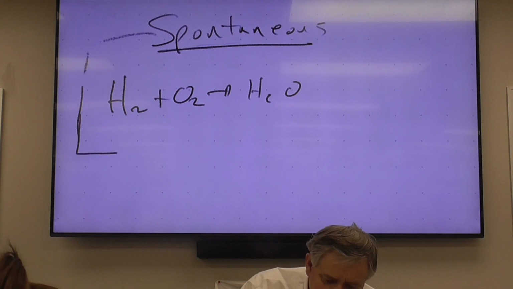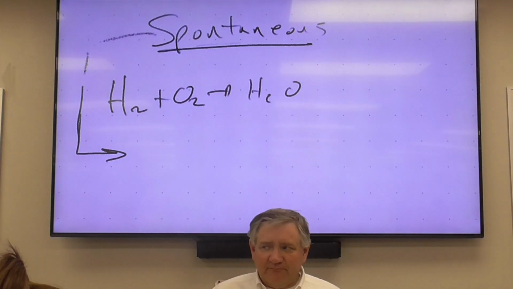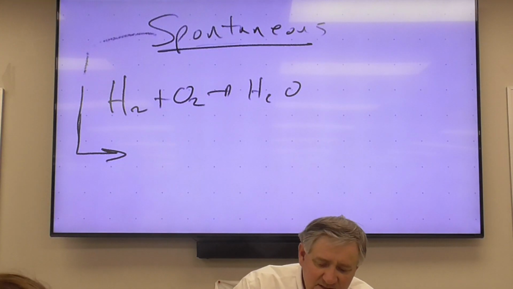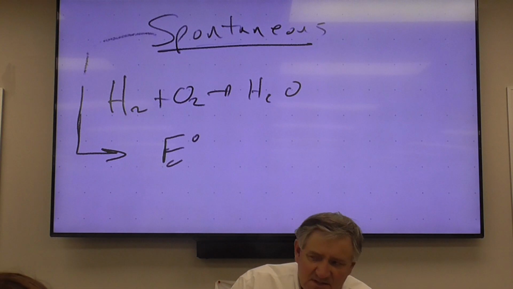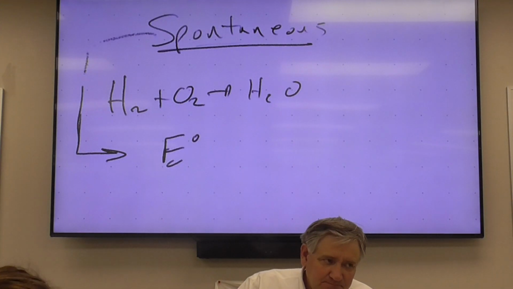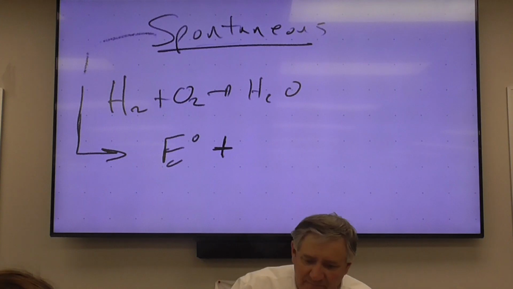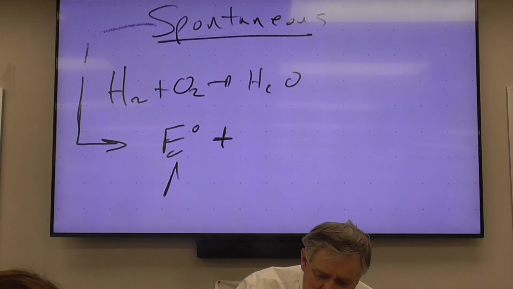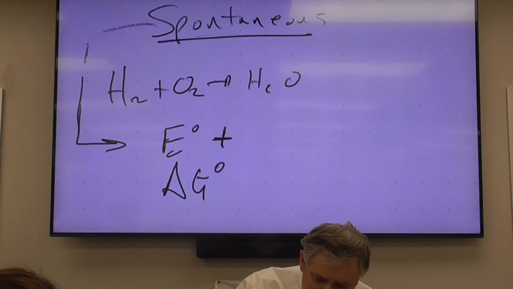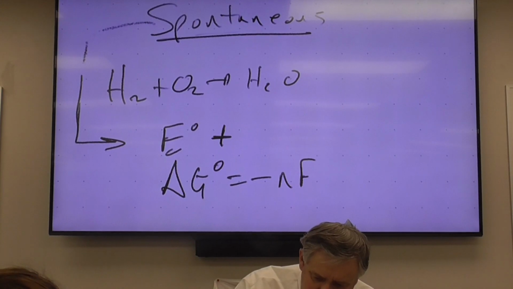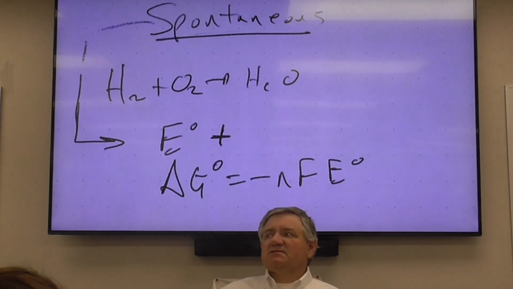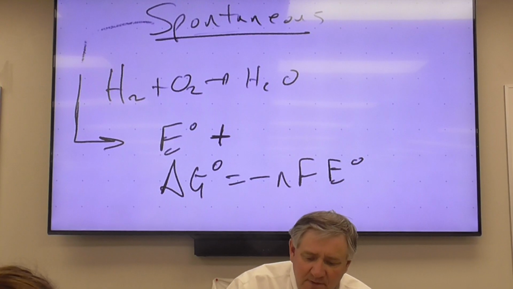There's three criteria that have to be met for a reaction to be spontaneous. First off, what's the sign of E naught going to be? Positive value, okay? So you're gonna have a positive E naught value. Then when you look at delta G naught, which is Gibbs free energy, which is negative nFE naught, this is the next piece of the puzzle.